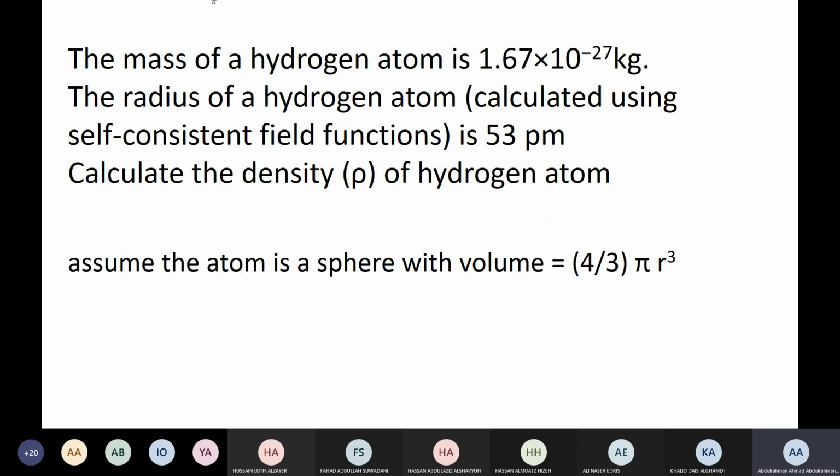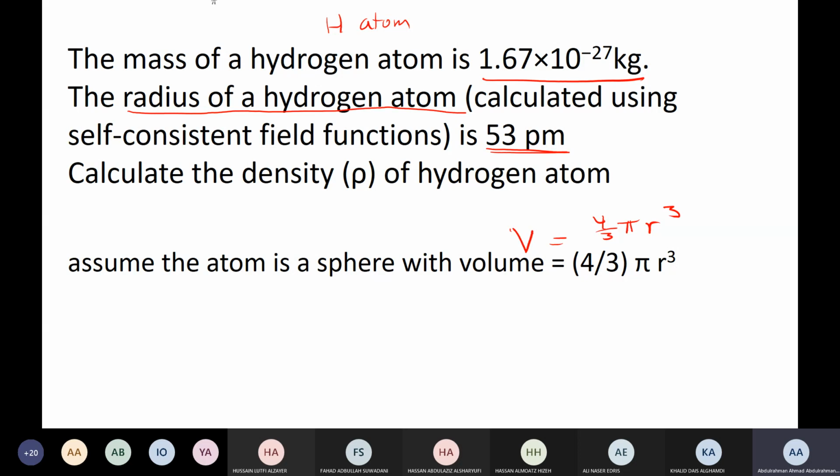Let's solve this problem very quickly. The mass of the hydrogen atom is this. And the radius of the hydrogen atom is 53 picometer. To calculate the volume, equals 4 over 3 pi R cube.